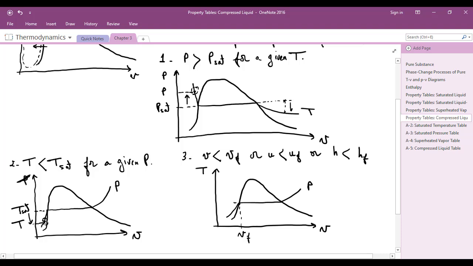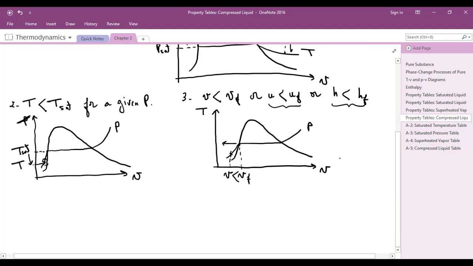So less than Vf means that we are to the left of the saturated liquid line. So any point here has a specific volume that is less than Vf, or it applies also to the internal energy and to the enthalpy. So mainly these are the conditions for the state to be classified as a compressed liquid state.